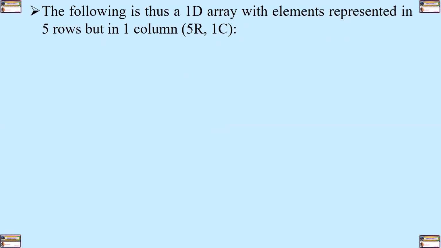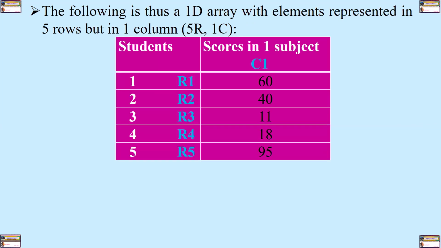The following is therefore a one-dimensional array with the elements represented, just as I have said, in 5 rows, but in one column. What is important here is a single column, because this has scores in a single subject. And we are not interested in who scored what. We're interested in scores in one subject, and therefore those scores are in one column.